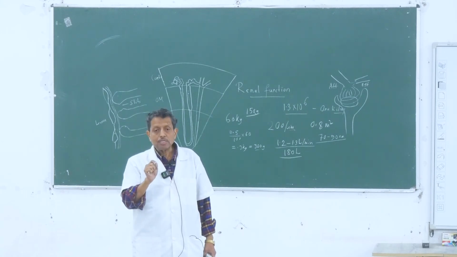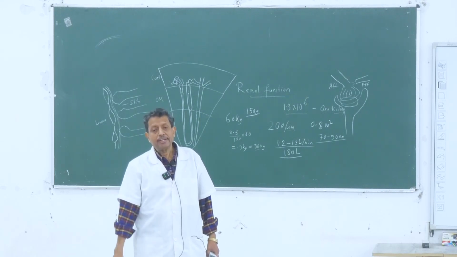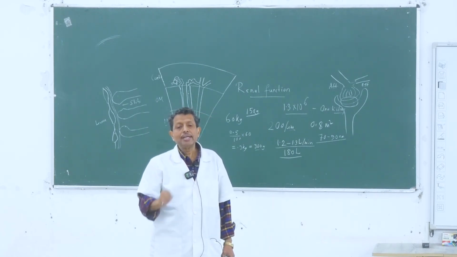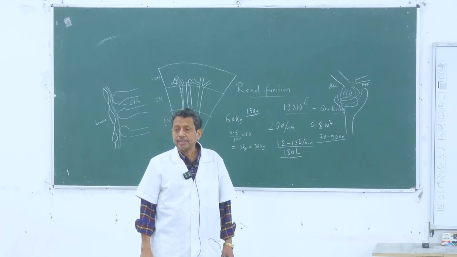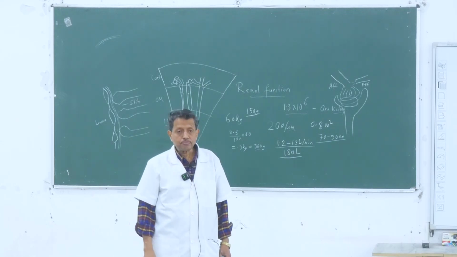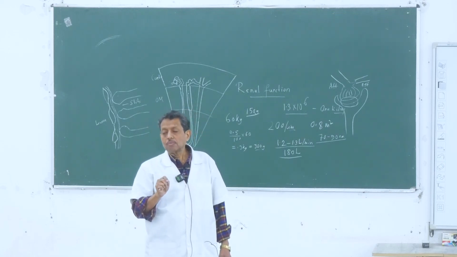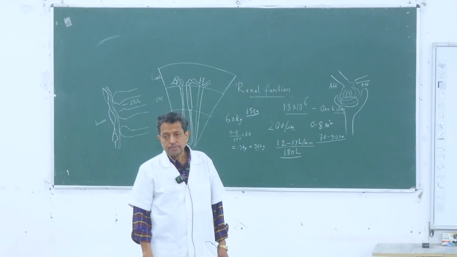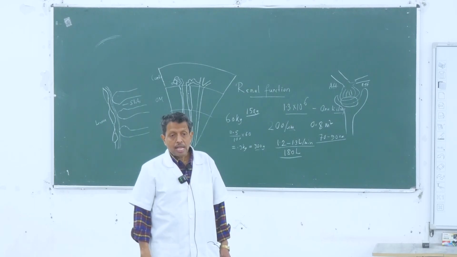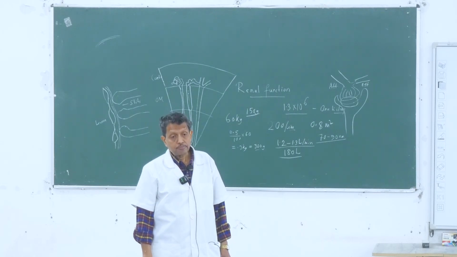Particular substances with effective molecular diameter of 4 nanometer or so are freely filtered. Neutral substances with effective molecular diameter more than 8 nanometer are not filtered. In between, there is some inverse relationship. Not only the size, also charge has some influence. There are some sialoproteins on the endothelial side, and they repulse negatively charged substances.